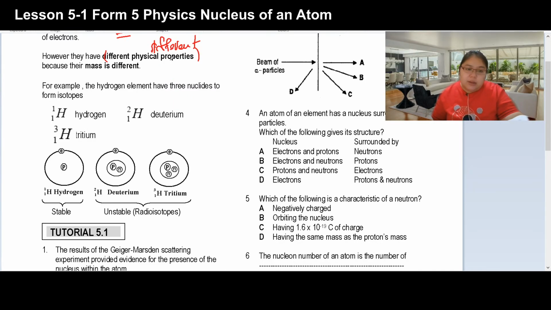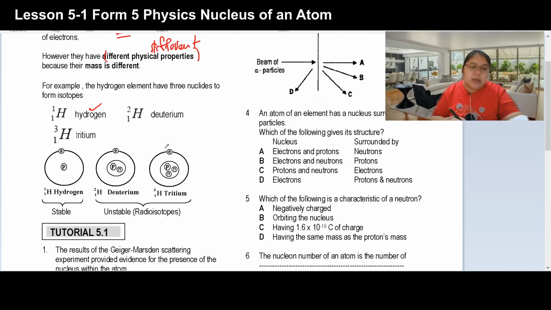Then we see the example of the hydrogen element. We have three nuclei for the hydrogen isotopes. The first one we call hydrogen, the normal one. For the next one, you see the nucleon number becomes 2. This one we call deuterium. The third one is tritium, which has a nucleon number of 3. So this is an example of isotopes. This one is stable.